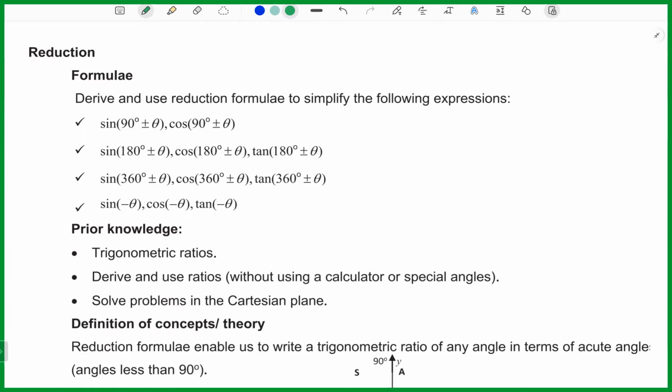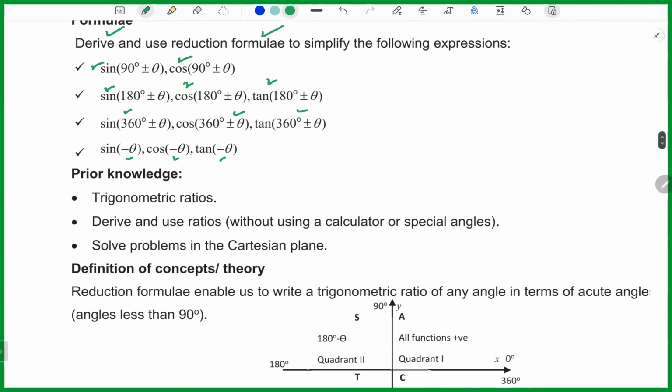Right, so we're going to look at the student must be able to derive and use reduction formulae to simplify the following expressions. Right, so we shall be dealing with the sine, cosine, tangent, etc. Shall be dealing with this, and shall be dealing with things we call the negative angles as well.